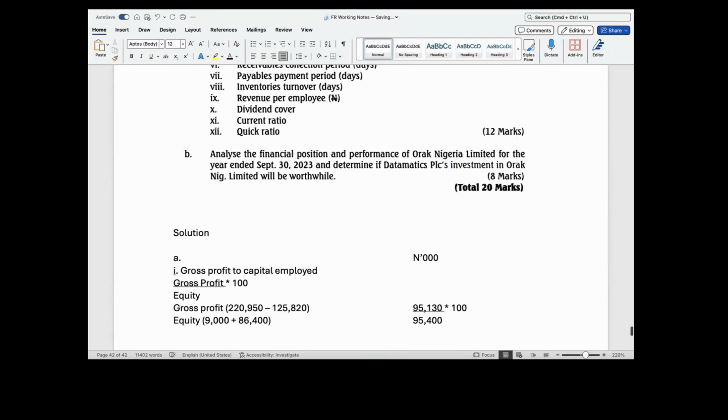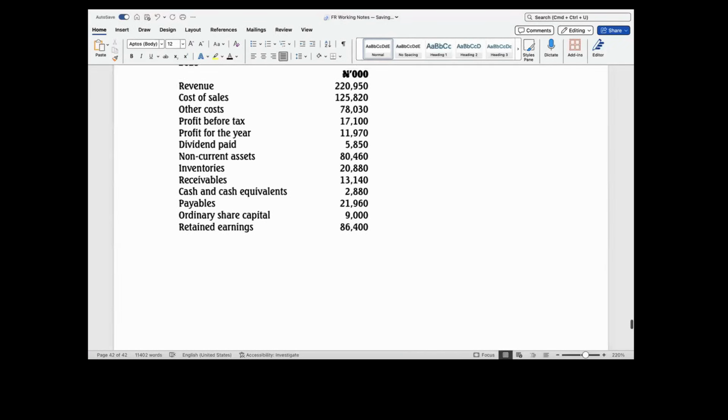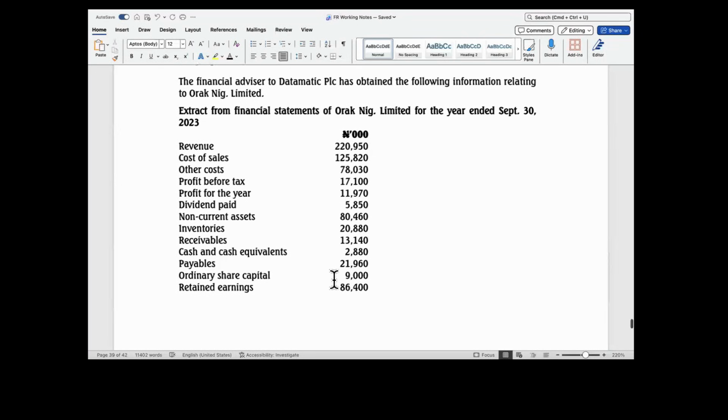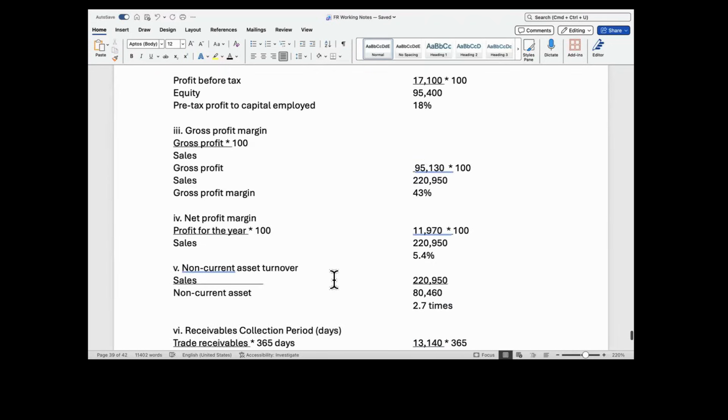So what's my current assets? They didn't give me current assets directly, but they gave me inventories 2880, receivables 13,140, and cash and cash equivalents 2880. So I can use that.